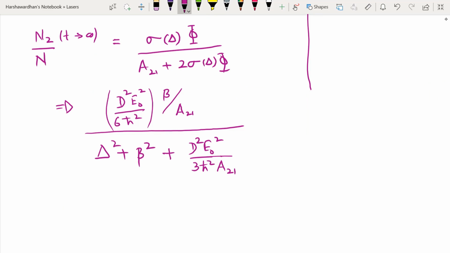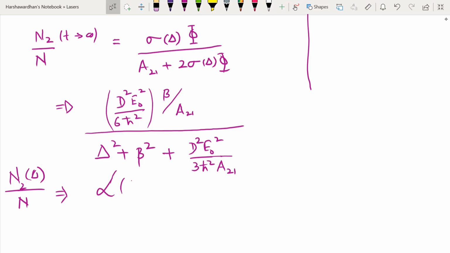Now, you would see that this almost mimics the Lorentzian distribution, where you have a constant. If I look at the number of excited state atoms as a function of frequency, that ratio would typically look like a Lorentzian function, with some prefactor.